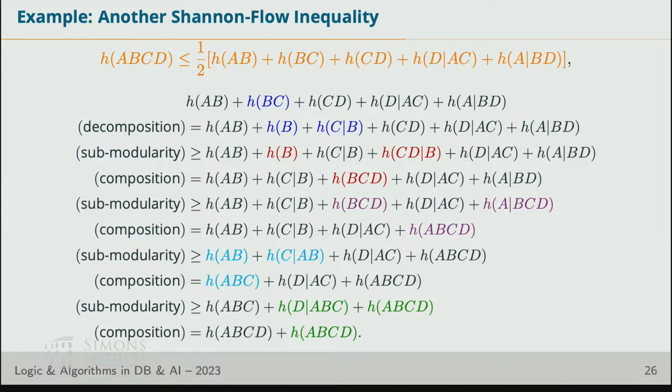You can trace through the steps of this algorithm, and you can see that starting from the right-hand side, you just do decomposition, submodularity, composition, and so on. There are only three things that you can do. It's like an inference rule. You just keep applying these inference rules, and eventually you end up with one side of the inequality from the other side. It's not obvious that this always exists.